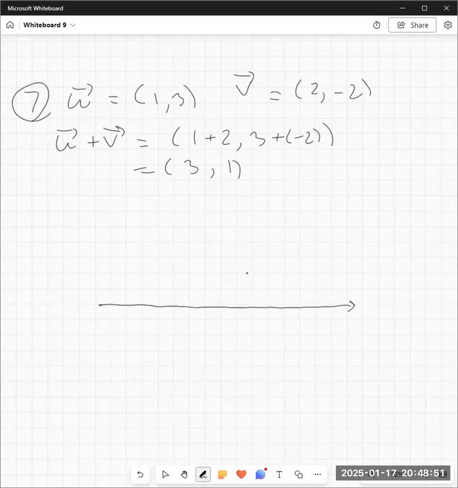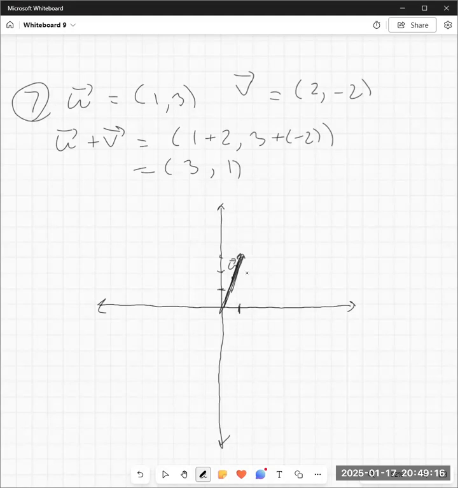So we've got an x-axis and y-axis, and we're going to start with vector u, which is 1, 3, right there. I'll draw that. That's u.